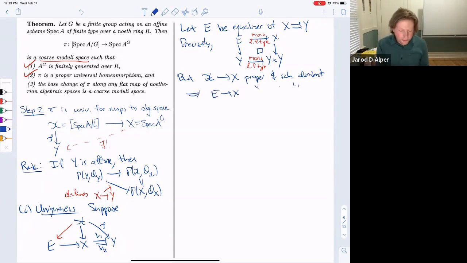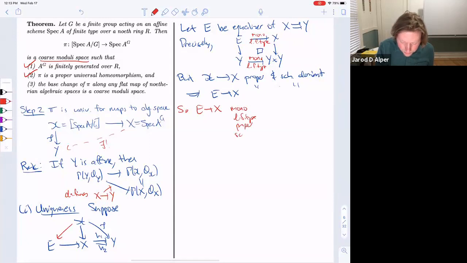So wrapping up all of the properties, E to X is a monomorphism. It's locally of finite type. It's proper, and it's schematically dominant, meaning that the inclusion from the structure sheaf to the pushforward of the other structure sheaf is injective.